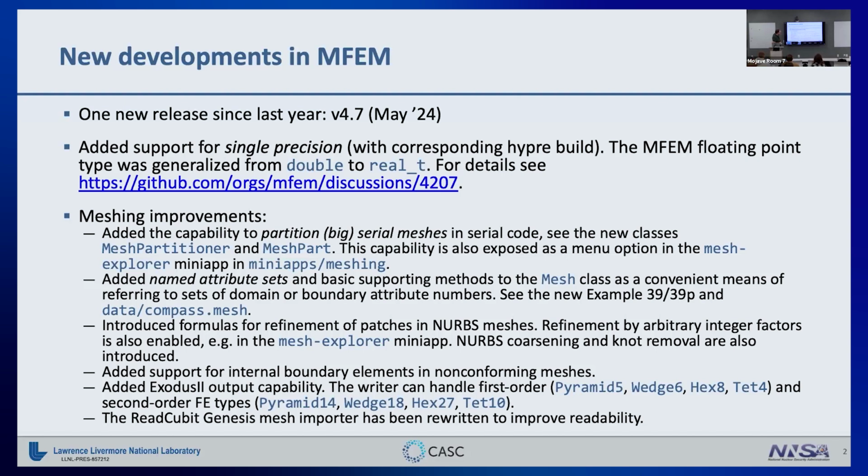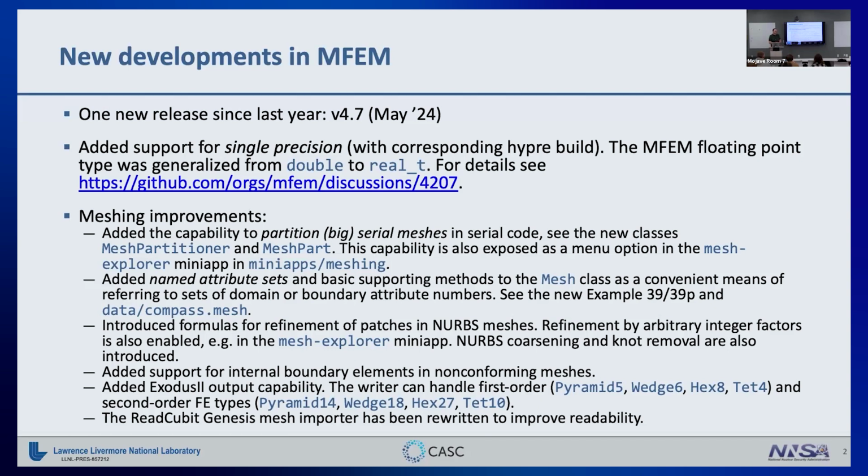Okay, so then on the meshing side, things that are related to meshing. This is something that I worked on. The first bullet: we added capability to partition big serial meshes. This is maybe not of theoretical interest, but definitely of practical interest.